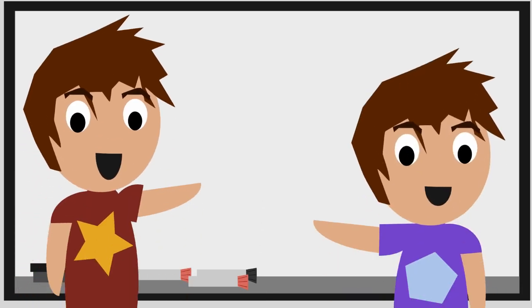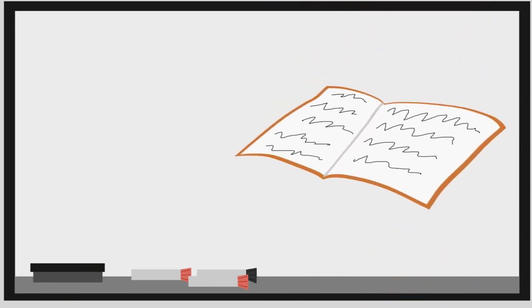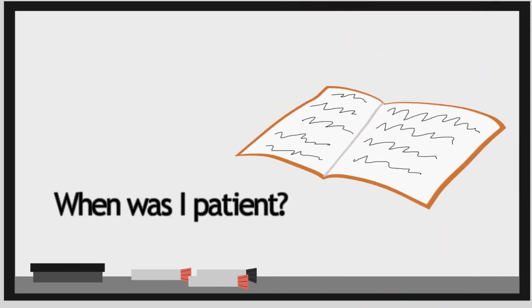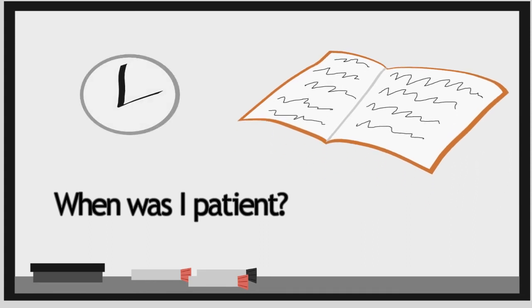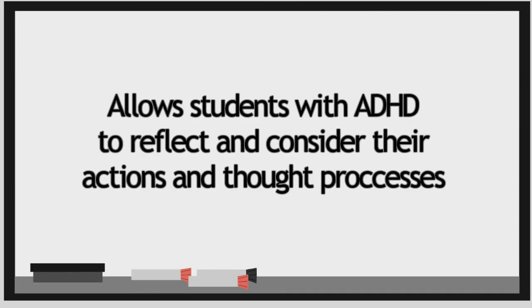How many times was the pencil not there and he went to visit another student instead? But the most important part of the self-monitoring exercise is to record how many times he remembered to wait patiently. Joey can then reflect back on his journal and decide how well he mastered waiting patiently. This will allow him to think back on his actions and decide if it was the right thing to do.